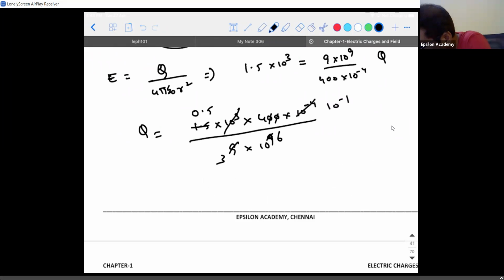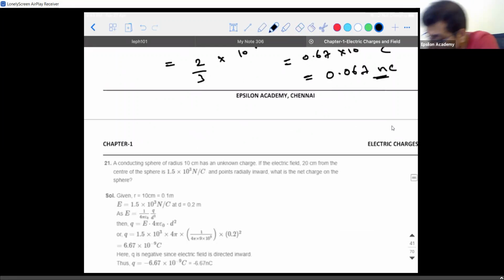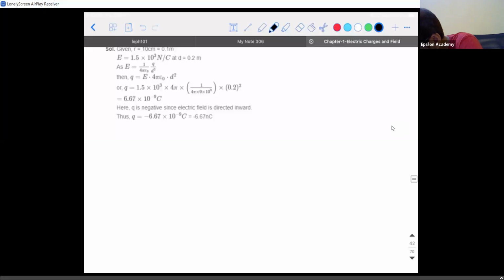This will be 10 power minus 1. So 2 into... correct only, no? So it is 0.67 into 10 power minus 10 coulomb, or 0.067 nano coulomb. So how much is the answer given? They give 6.67. Okay, you guys calculate that part, you take care of it.